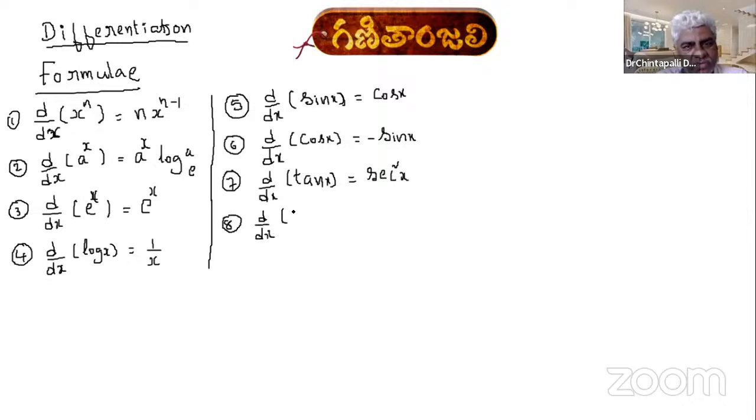d by dx of cosec x. Do you remember all these names? Yes. Sin, cos, tan, cosec, sec, cot.